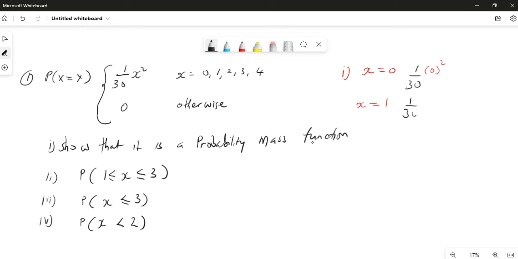When x equals 1, 1 over 30 times 1 squared. When x equals 2, we have 1 over 30 times 2 squared. When x equals 3, and here we have x equals 4.